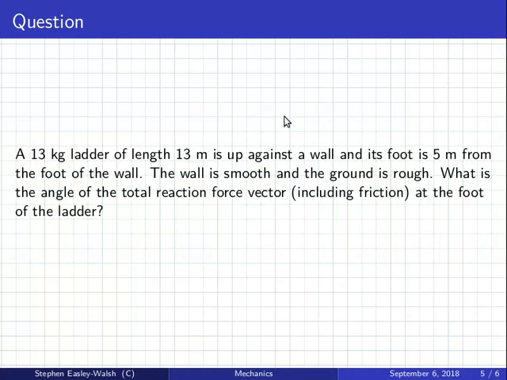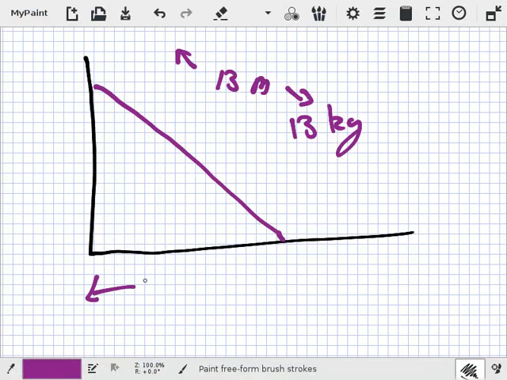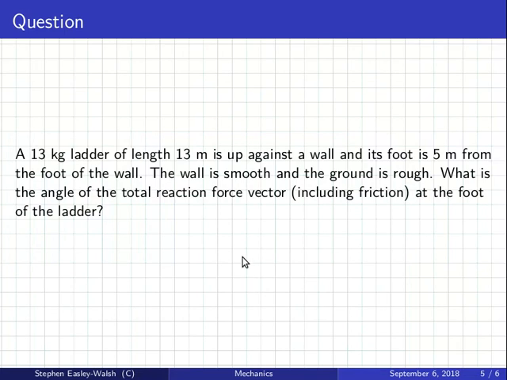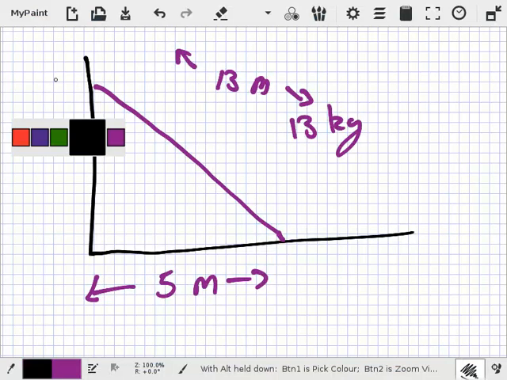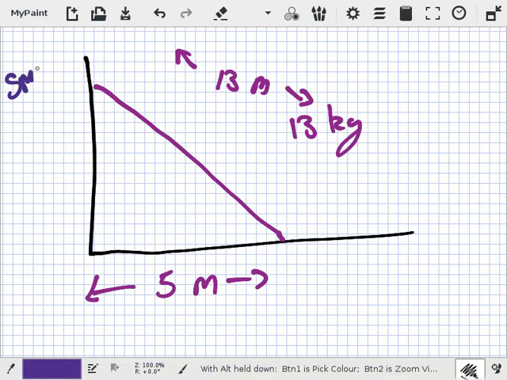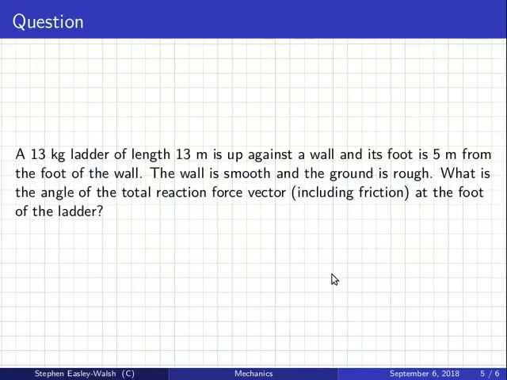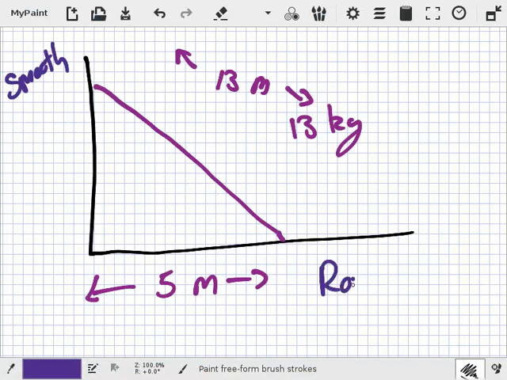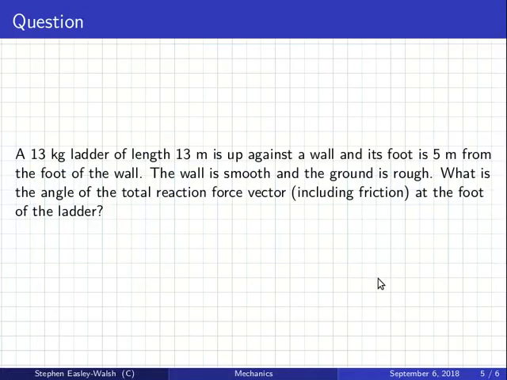And this distance here, I tell you, is 5 meters. The wall is smooth. And down here, this is rough. What is the angle of the reaction force at the foot of the ladder?